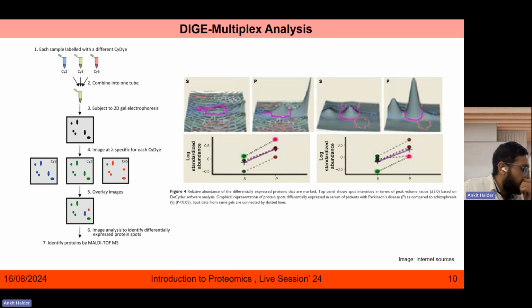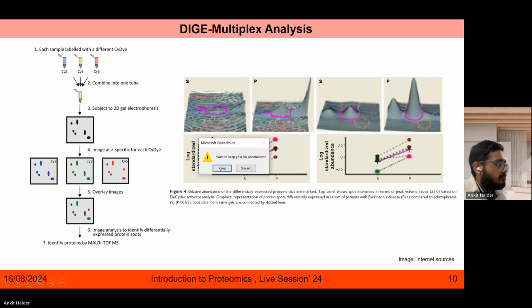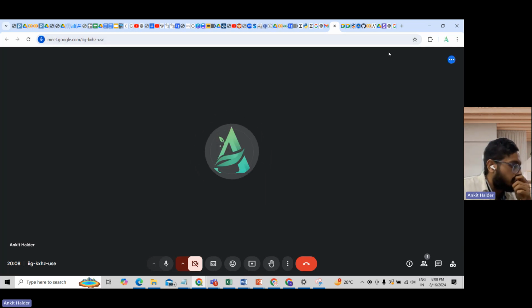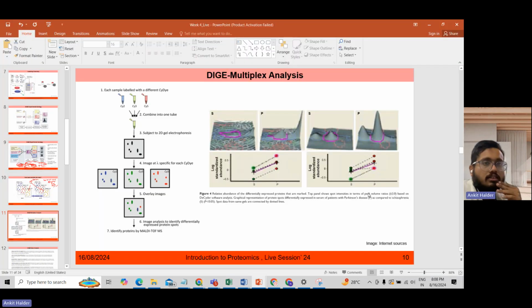Now let us go through each particular step individually, one by one.